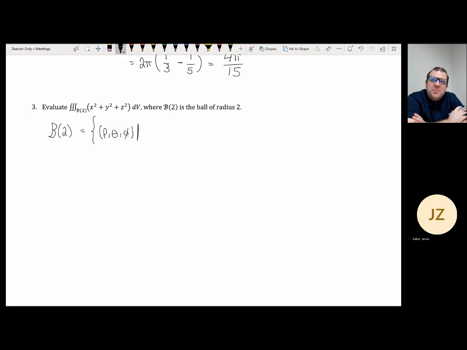So how would we describe that? Rho is between 0 and 2.